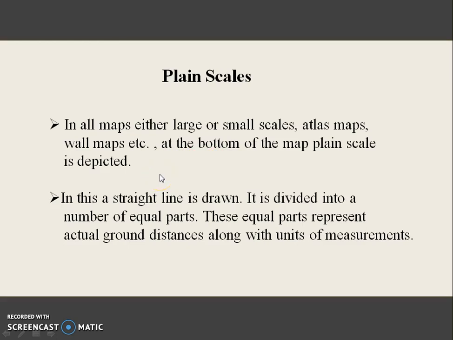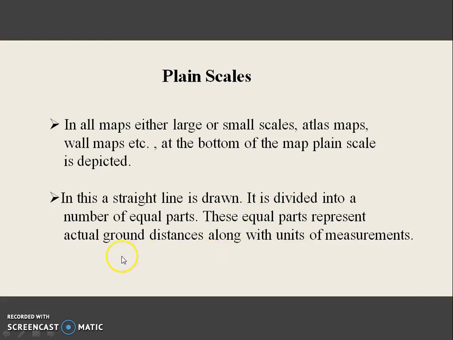We have seen that in all the types of maps, generally, graphical scale is depicted at the bottom of the map. In this, a straight line is drawn as per the calculations. It is divided into number of equal parts.